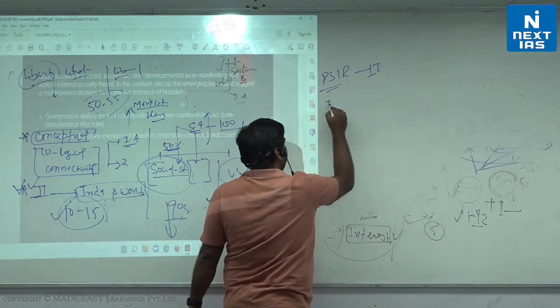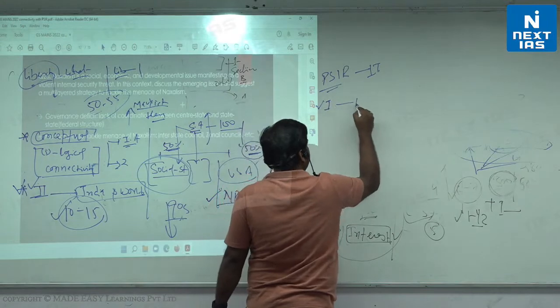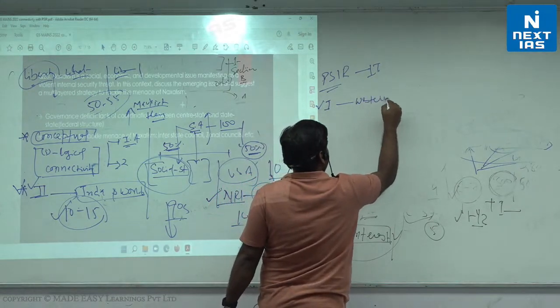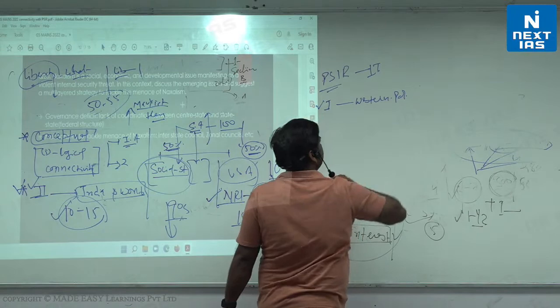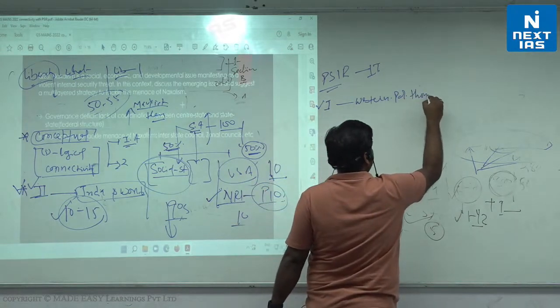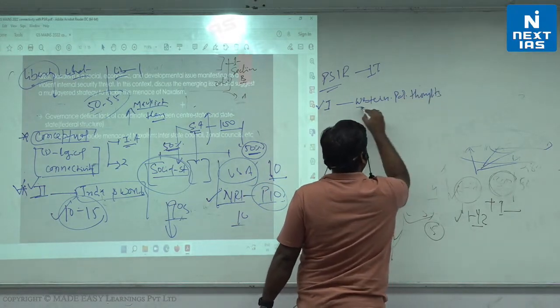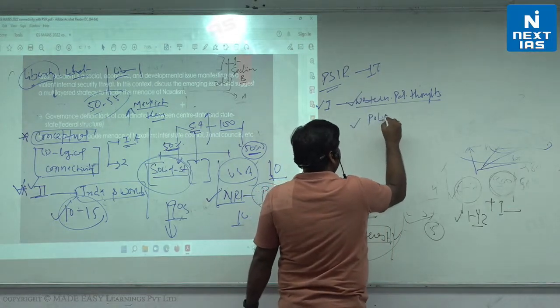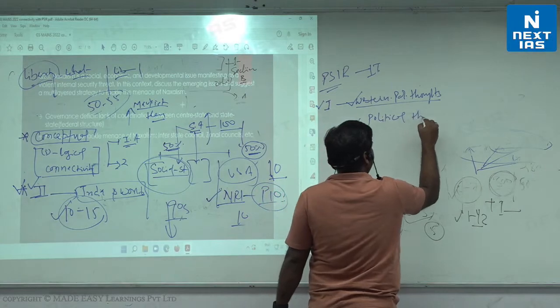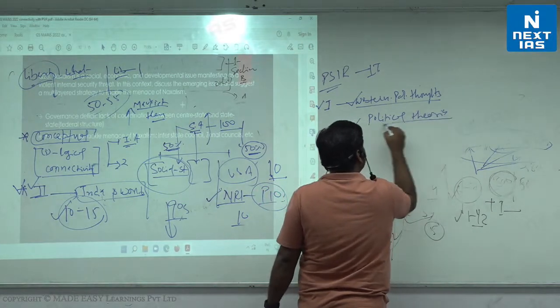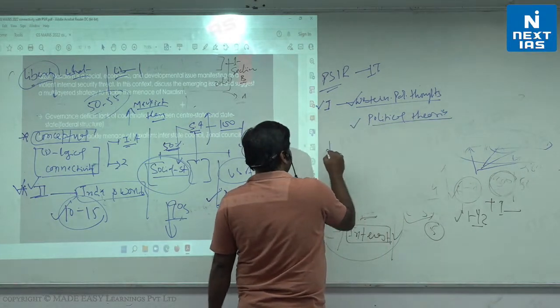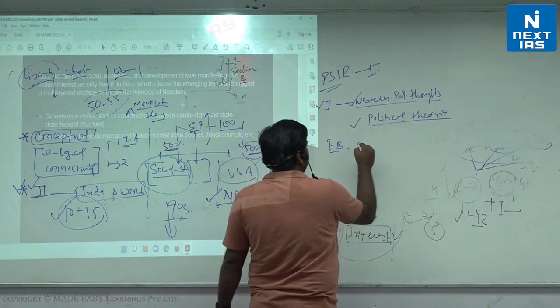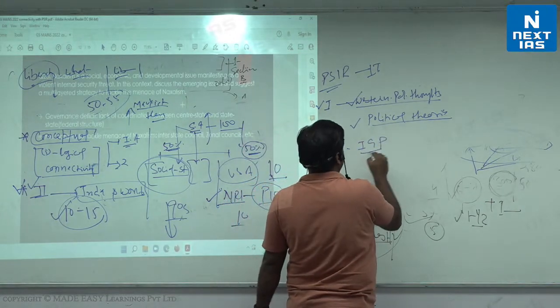So paper 1 of PSIR is having Western political thought, political theories, और इसका B पार्ट है IGP. अभी मैं थोड़ा इनको डिटेल में भी बताऊंगा.